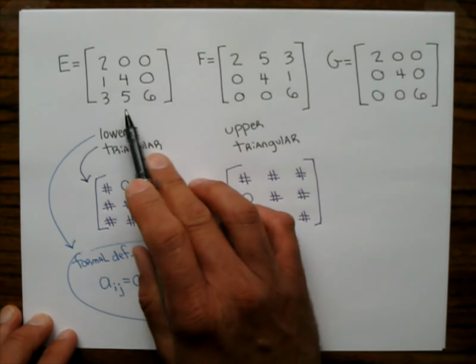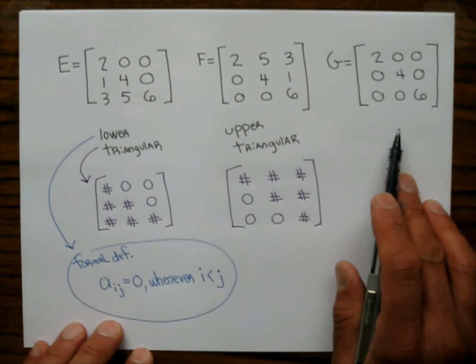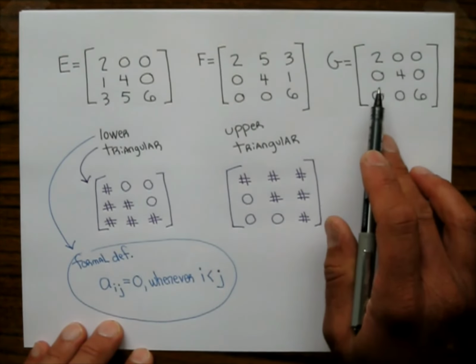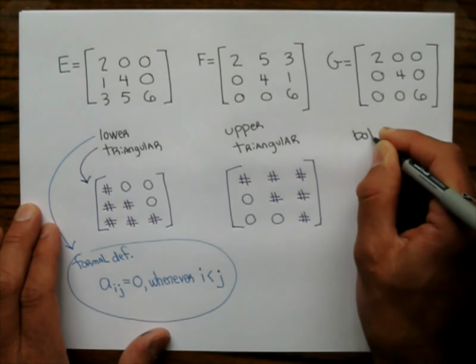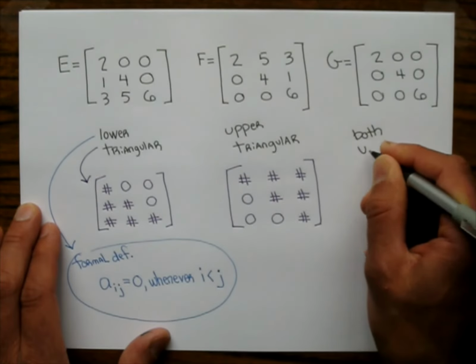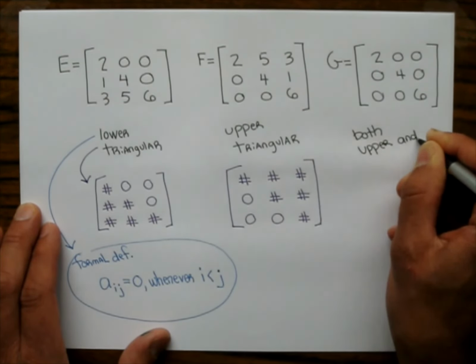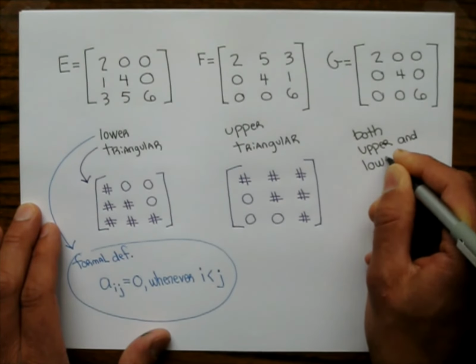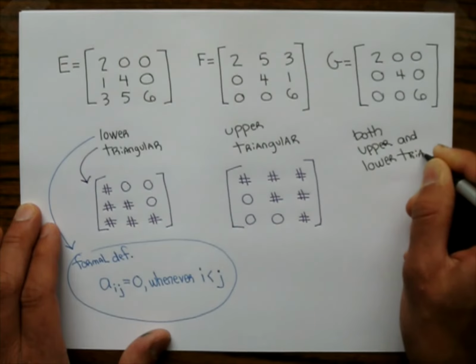G is an interesting example because it has 3 zeros there and 3 zeros there. So this is both upper and lower triangular.